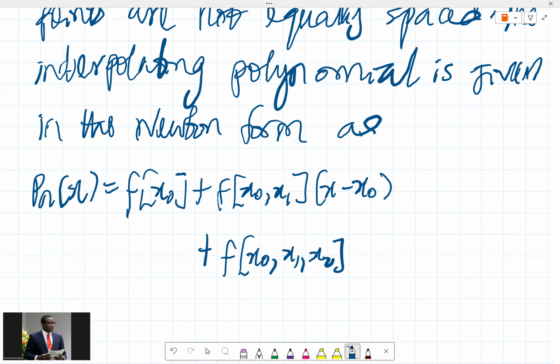It may look a bit confusing, but never mind, I'm going to explain. All of this is multiplied by x minus x naught into x minus x1.